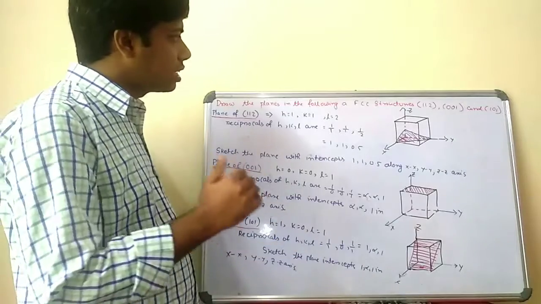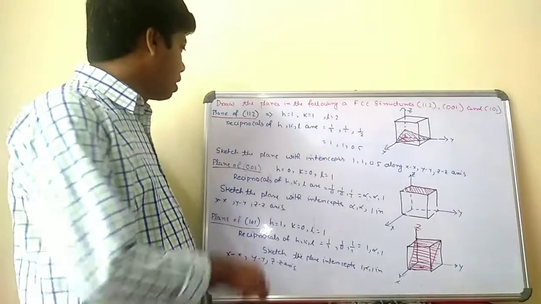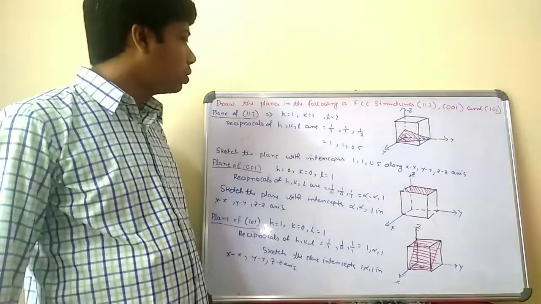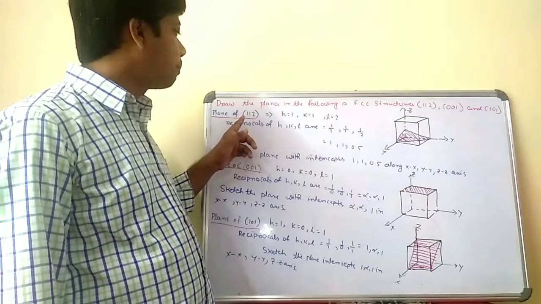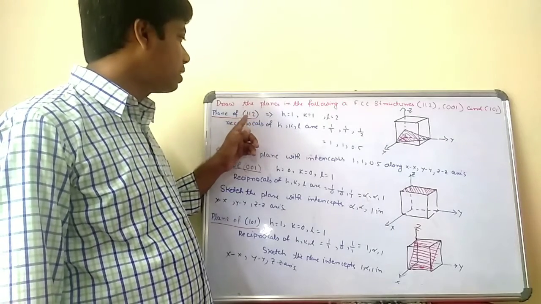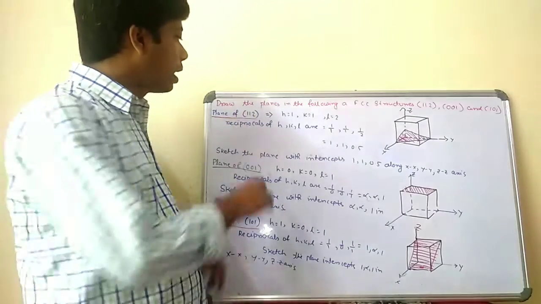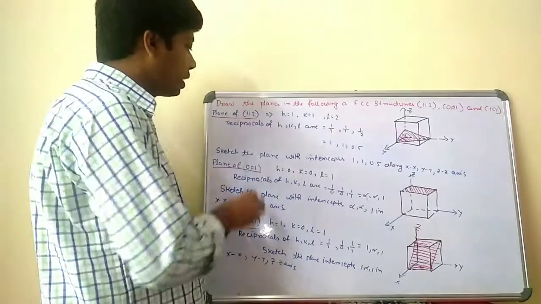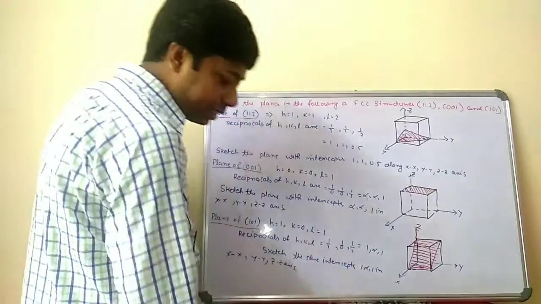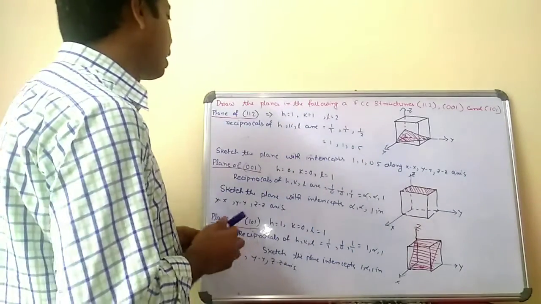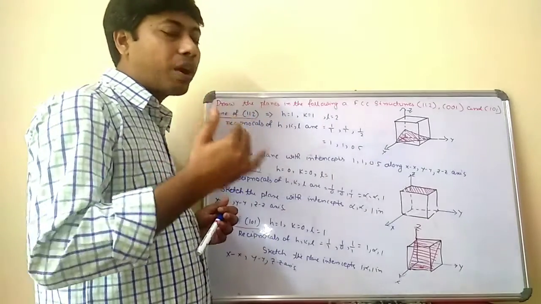Now first let's take the 112 plane. For the plane 112, in the bracket 112, that indicates H value is 1, K is 1, and L is 2, right? Now the reciprocal of H, K and L is your intercept point.